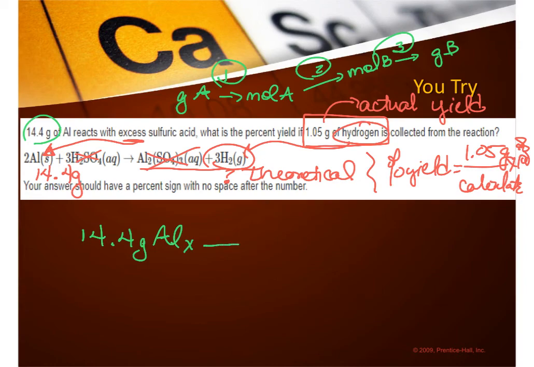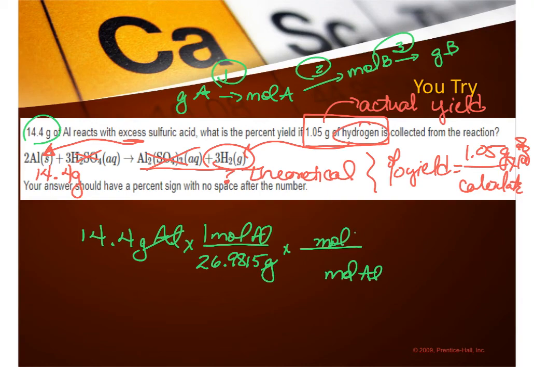So we need the molar mass of aluminum to convert to moles of aluminum. Okay. Now that I'm in moles of aluminum, I can use mole ratio to get to the substance the problem is asking about, and the problem is asking about hydrogen.